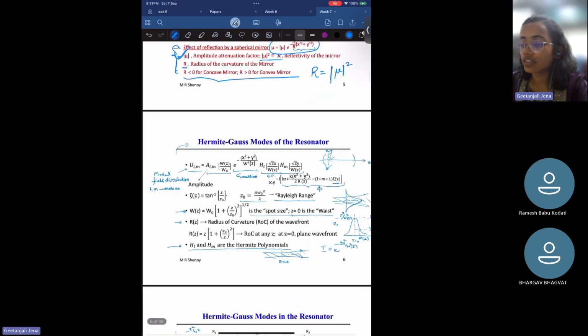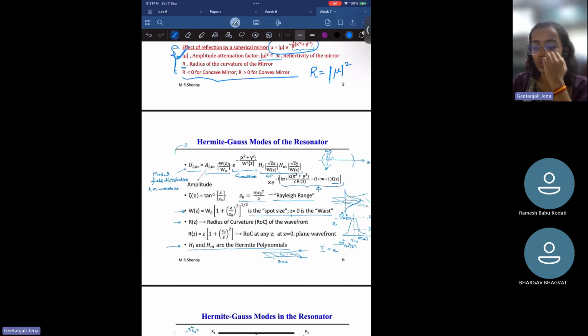Now let us see what the expression for the transverse mode is. Please refer to the books if you want a derivation of this mode. Otherwise, we'll see the final expression only. So the final expression for this transverse mode is these Hermite-Gauss modes.